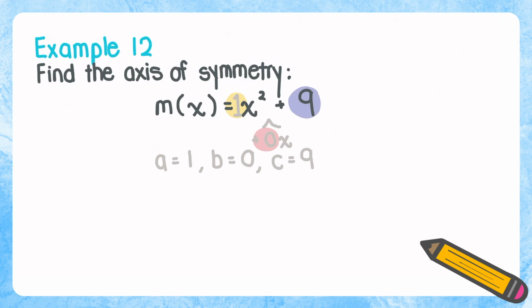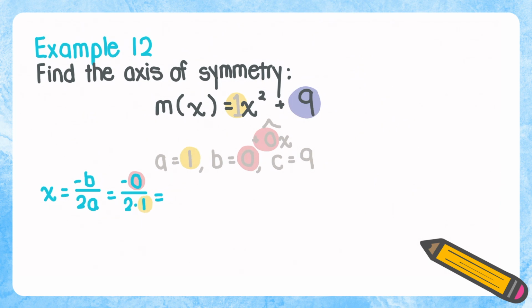Okay, let's find the axis of symmetry. X equals negative b over 2a. In this case, that would be negative 0 over 2 times 1. This is because b equals 0 and because a equals 1.